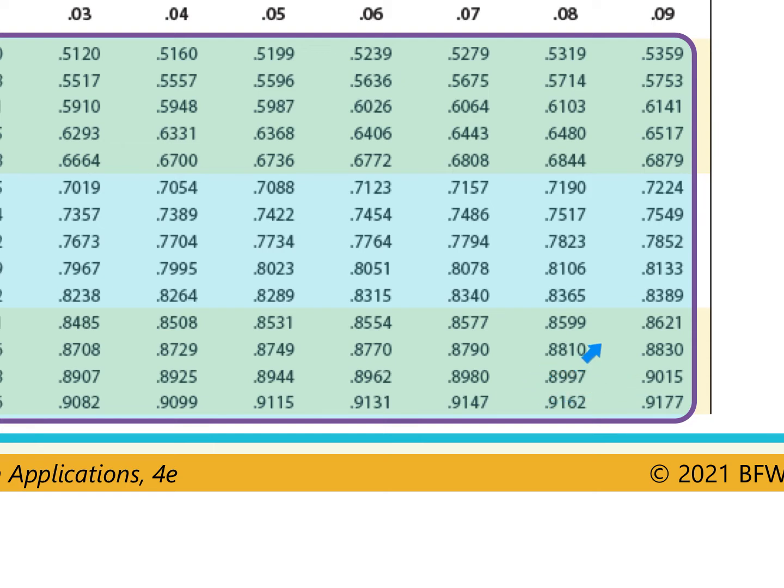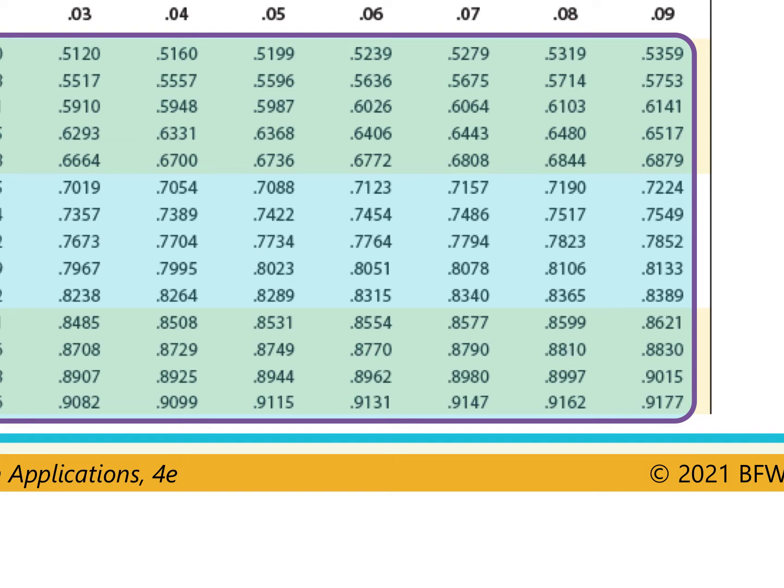So what z-scores will give me a percentage close to 90? 0.8997, that's pretty darn close, right? So is 0.9015. So if I go, this is my hundredths place, it's going to be 0.08.